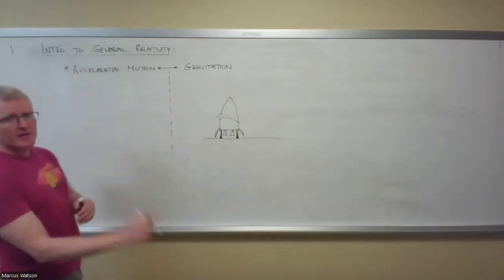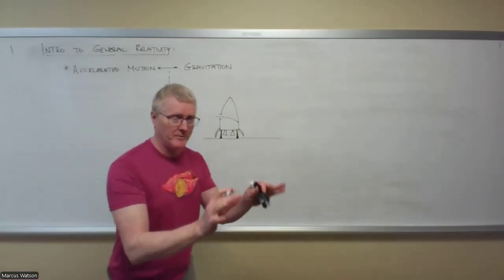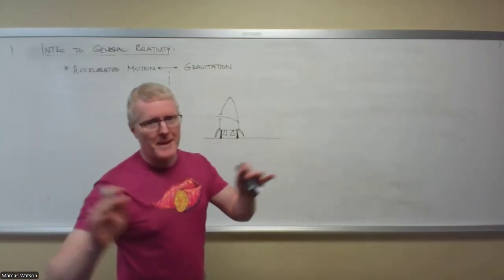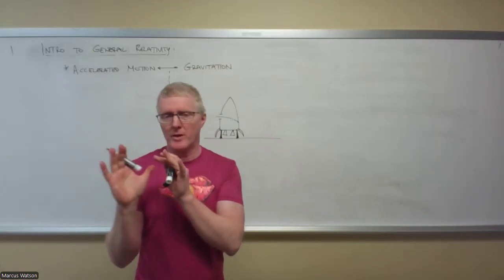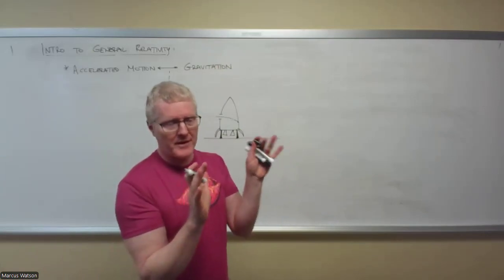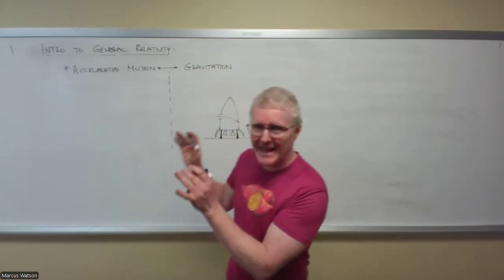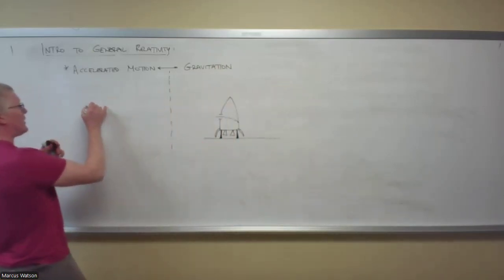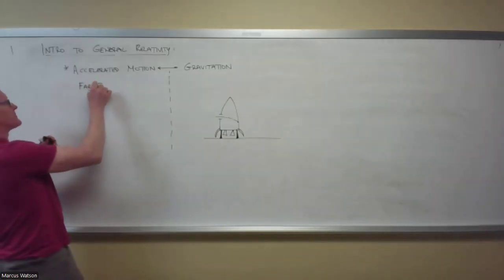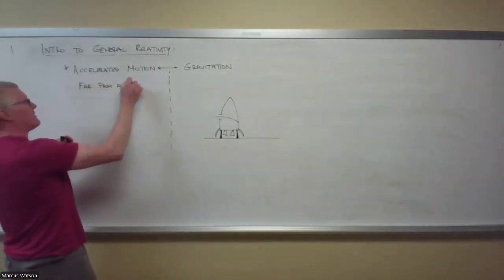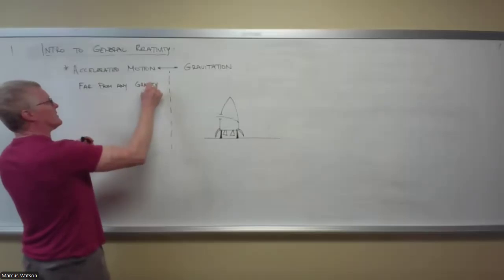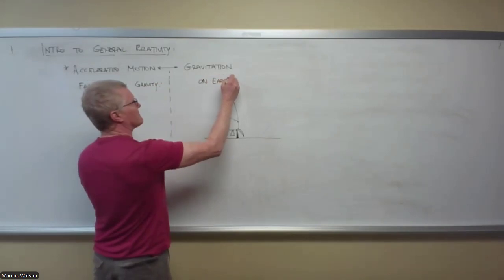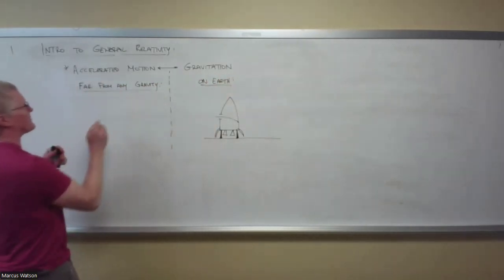Now, let's take that same rocket ship, let's close the window, and it's going to blast off. It's going to leave Earth, and it's going to go far away from any gravitational fields so that we are not thinking about gravity at all. We're completely able to concentrate only on accelerated motion. Now it's far away from any gravity. This one over here is on Earth, and this is far from gravity.